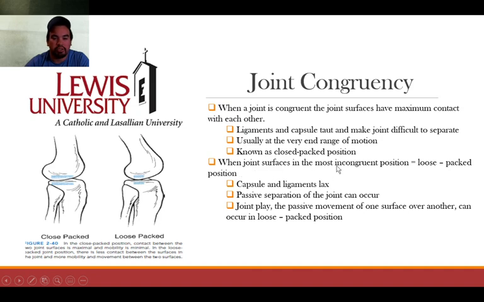Now when the joint surface is in the most incongruent position, we call that loose packed position. The capsule and ligaments are lax, so there's no tension from the capsule and ligaments, and passive separation of the joint can occur because there's no stability, no ligaments holding it. There's very little bone-on-bone contact, so it's very unstable at this point.